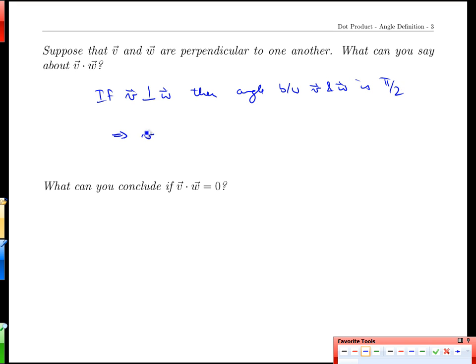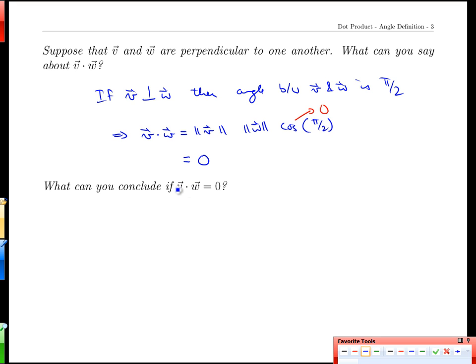And as soon as we say that, then their dot product will be the length of v times the length of w times the cos of the angle between them. So if they are perpendicular, so we have an angle of pi over 2, this is always going to be a zero term. So we're always going to get a zero value. So if we have two vectors that are perpendicular, their dot product will be 0.